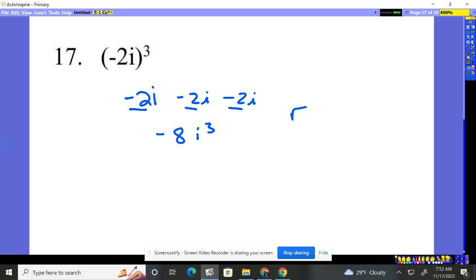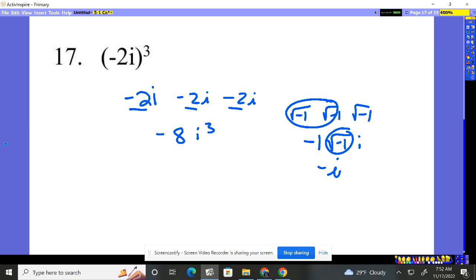I is worth the square root of -1 times the square root of -1 times the square root of -1. Well, these give us what? -1 times this guy, but this guy is just simply I. So we say, hey, this is simply a negative I. So -8 times a negative I. Whoa, negative times negative, positive. So this answer is an 8i.